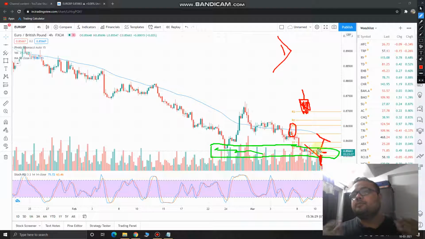If you spot some good price reversal from above, or a shooting star kind of a pattern, or a big red candle, then short the market again. So this is a simple strategy that you can follow for a downtrend market like Euro GBP for 10th March. So this is it.